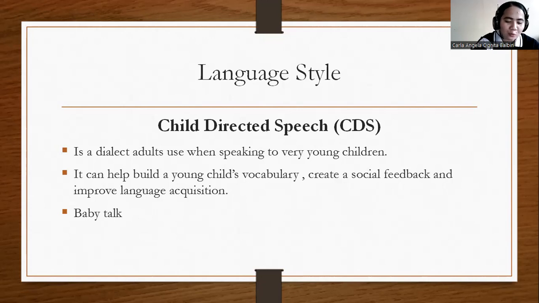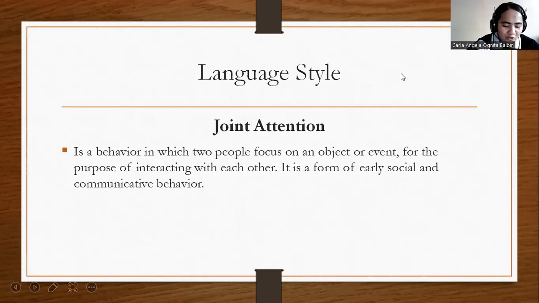Right. Let's now come to the last one, joint attention. What do you mean by joint attention? Joint attention is a behavior in which two people focus on an object or event for the purpose of interacting with each other. It's a form of early social and communicative behavior. It involves using a common focus on something, such as other people or objects, with someone else.